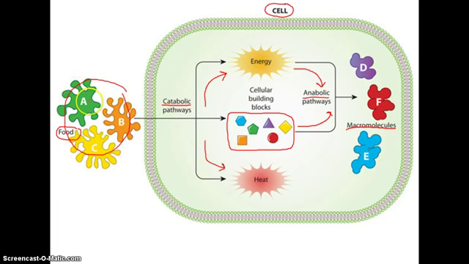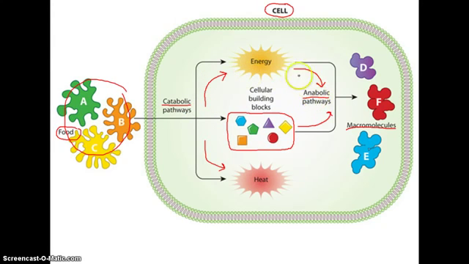So we start with big molecules that we break down into small molecules, then we take those small molecules and put them together to make big molecules, once again, that our body can actually use for something else. Okay? So we're taking the material, breaking it down, then rebuilding it into something that our cells and our overall body can use. It's a catabolic process when we're going from a big molecule to the smaller pieces and we're releasing energy.